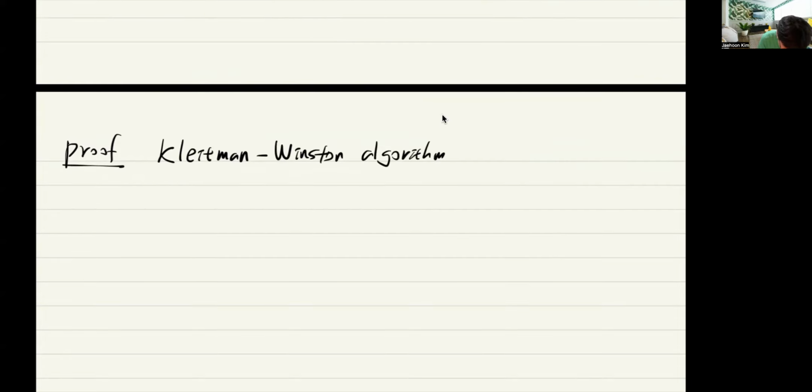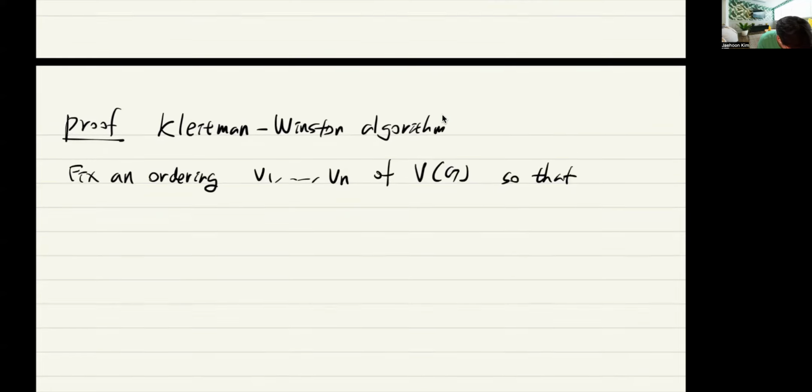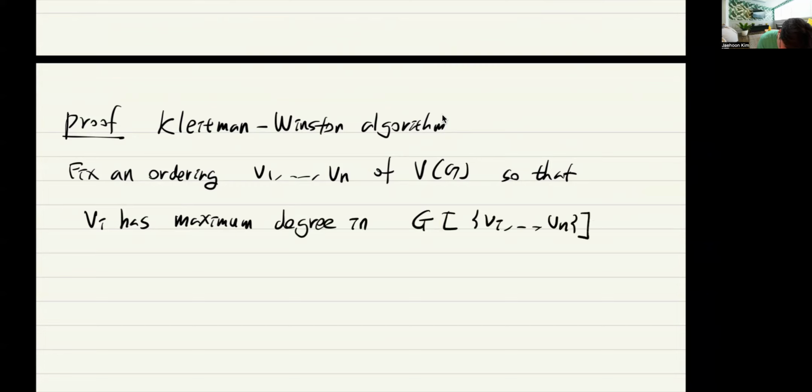So we fix an ordering v1 to vn of the vertices, which is called the max degree ordering, so that vi has maximum degree in the induced graph which consists of all the vertices from vi and later.